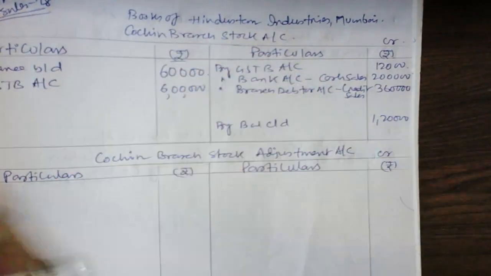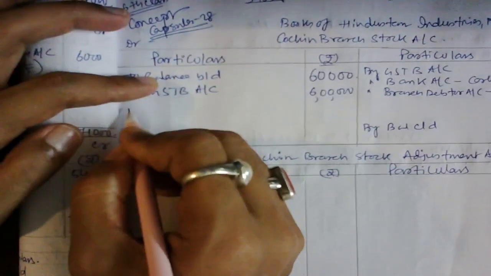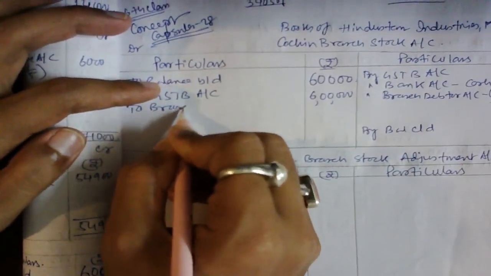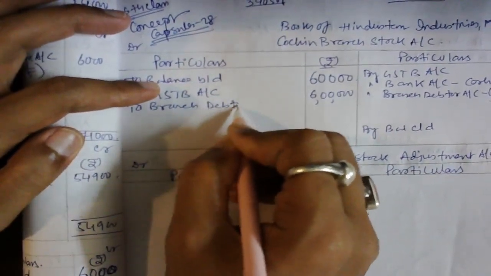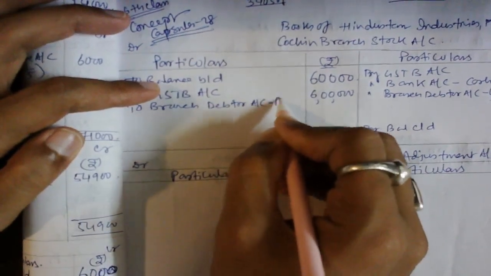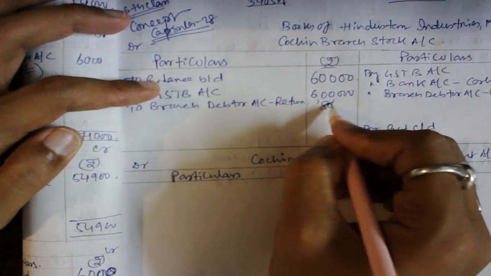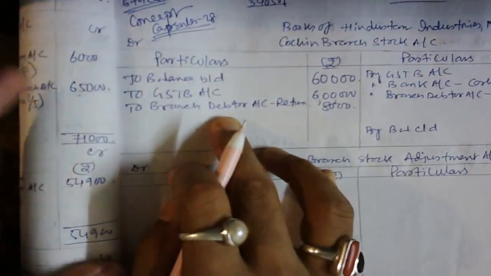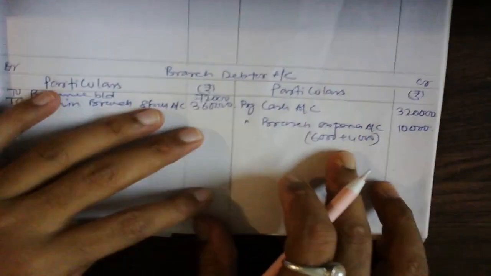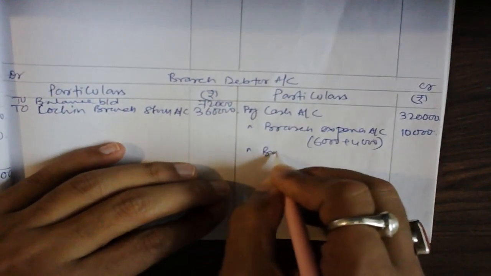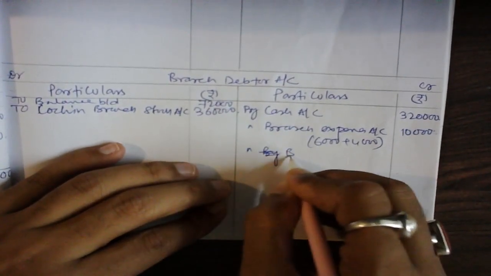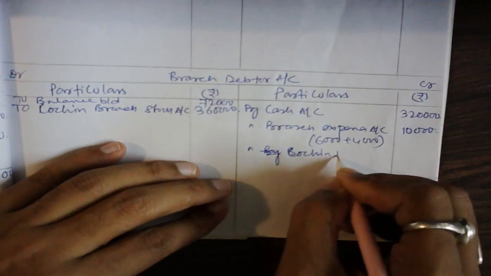So when the goods are returned back to our home, it will be the opposite entry to branch debtor. You can write here return, and the return amount is 8,000 rupees. And the same amount has to be posted in the opposite side. That is called the double entry system. Cochin branch stock.